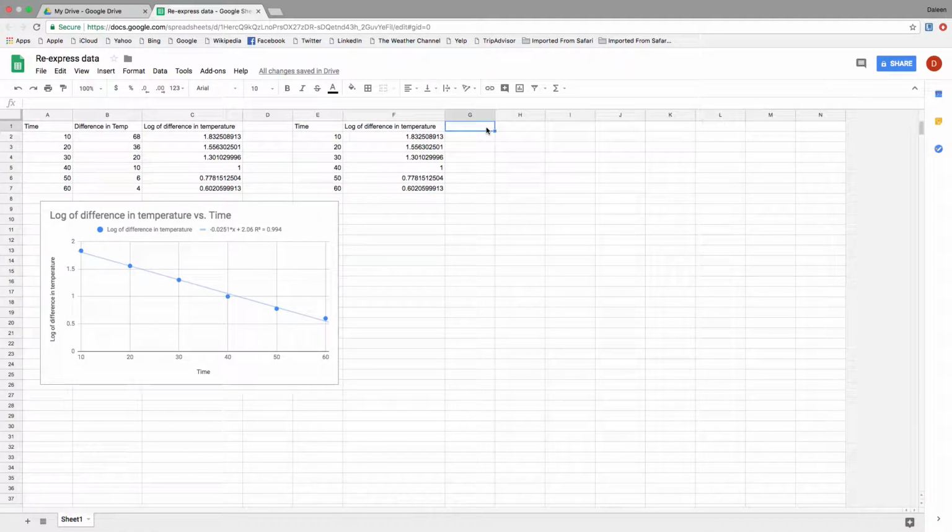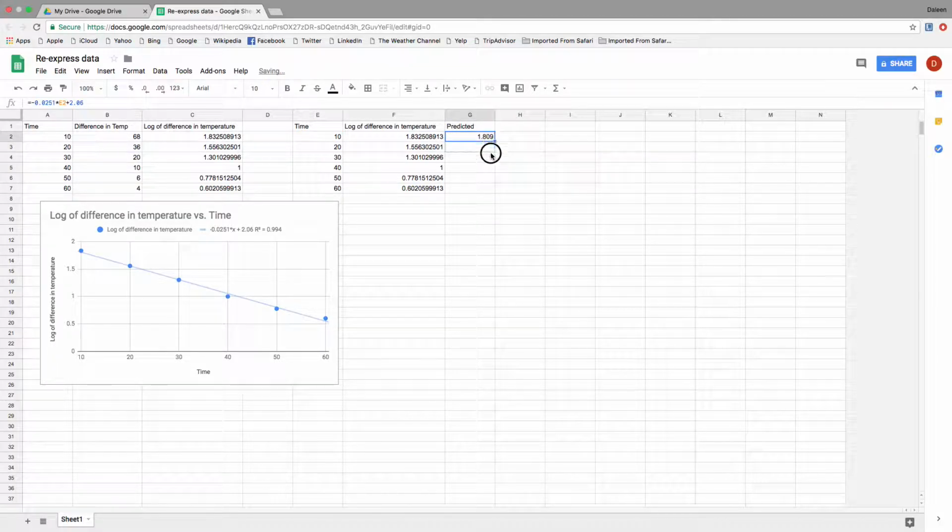So here I'll have my predicted values. And again, I'm going to use my equation. My equation says that the predicted log difference in temperature is negative 0.0251 times the x value of time plus 2.06.